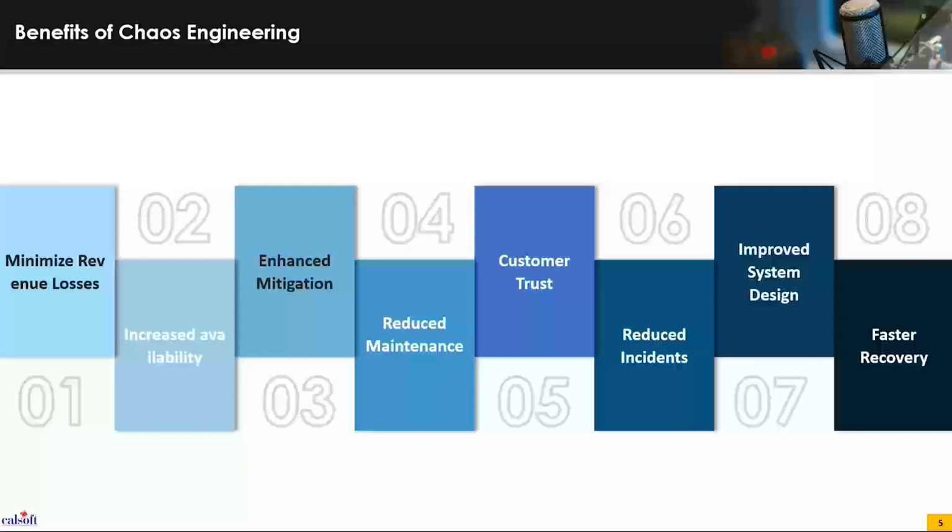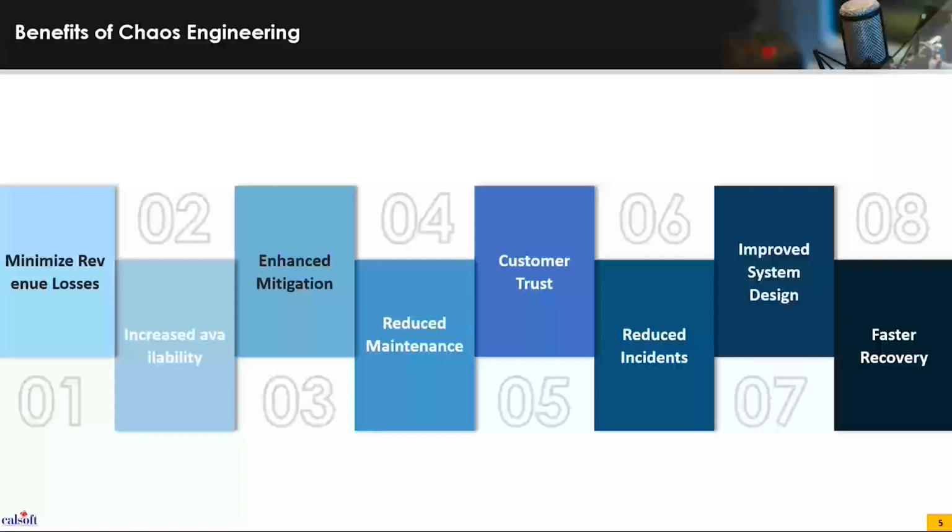The kind of revenue losses can be drastically reduced with chaos engineering by identifying the failures upfront. Similarly, it increases the availability of your mission critical applications, so that your system is highly available, and with the number of nines you can predict what the downtime would be throughout the year. So chaos engineering helps you to measure as well as increase the availability.